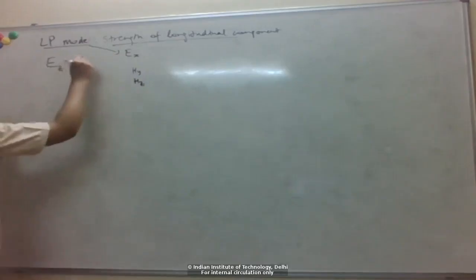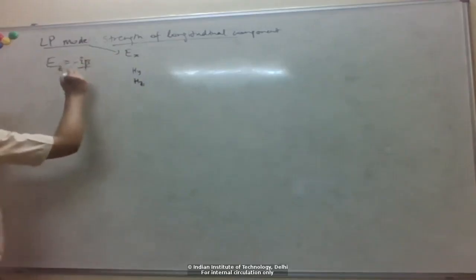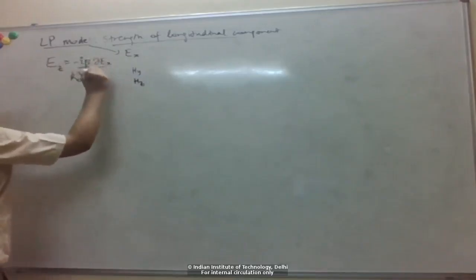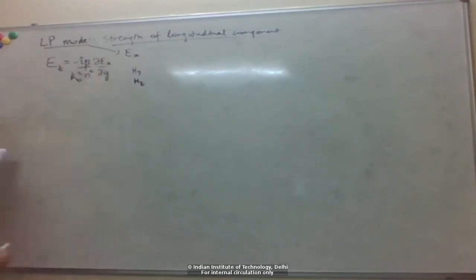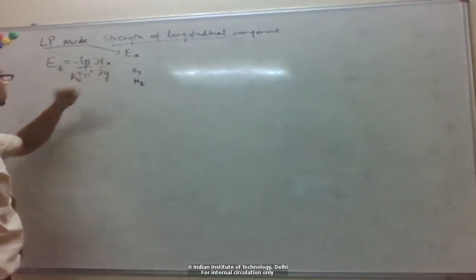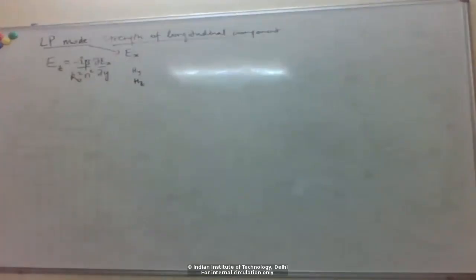Recall that using that, we could find Ez in terms of Ex like this. Basically the longitudinal component depends on the derivative of the transverse component with this factor here.